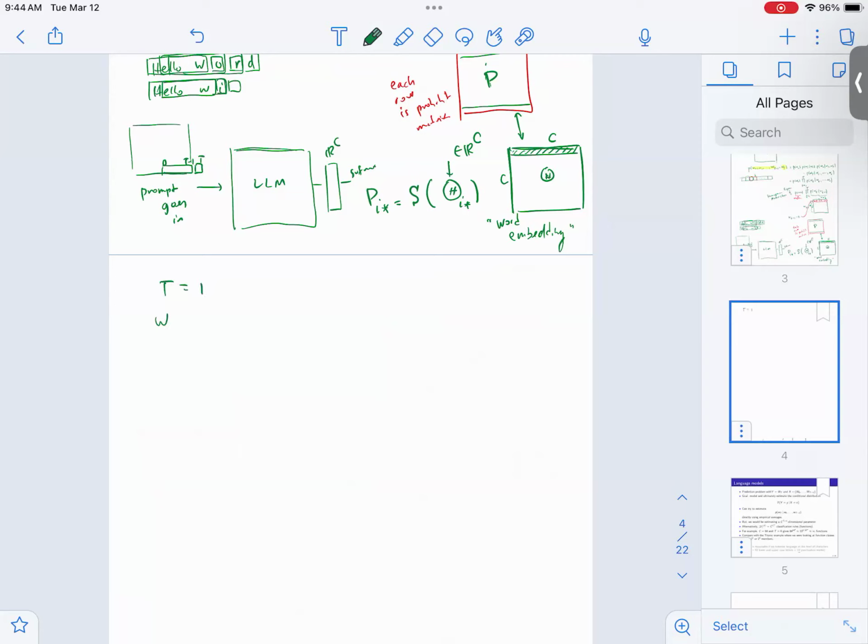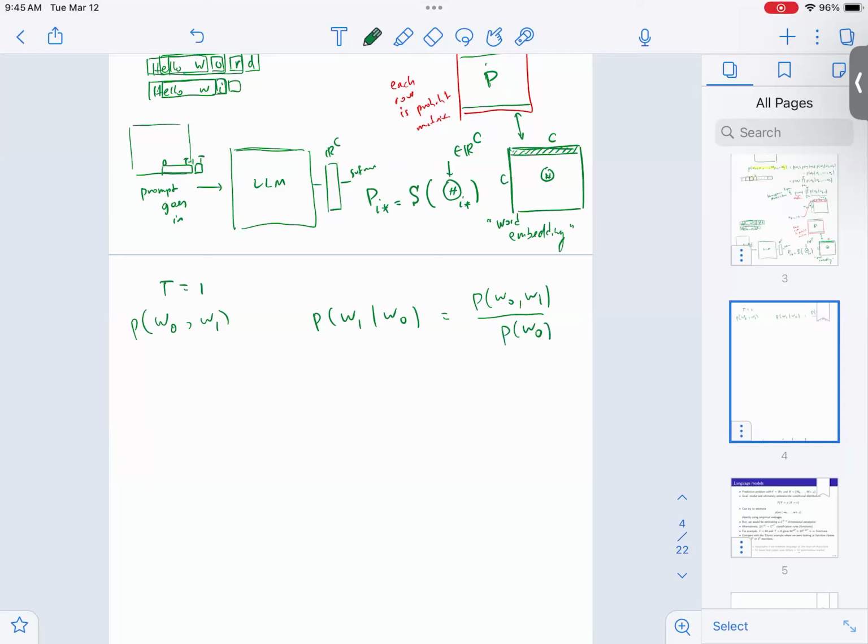So we have w0 up to wt minus 1, which is w0, and then I have w1. I want to predict this, so I'm going to look at this joint distribution, and from this I can get the probability of w1 given w0. This would be the probability of w0, w1 divided by the probability of w0.